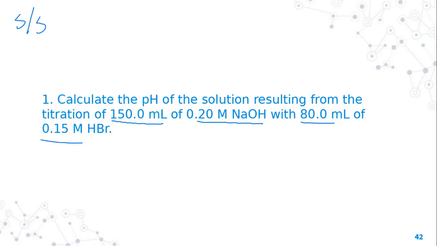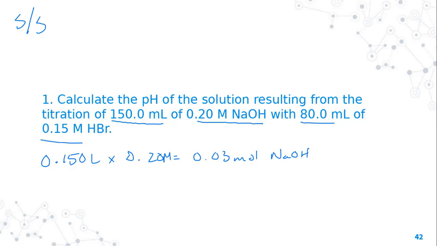Knowing it's strong, we want to first figure out the moles of acid and the moles of base that we have. So let's set our moles of base: 0.150 liters times 0.20 molarity. What do we get? 0.03 moles of the base.